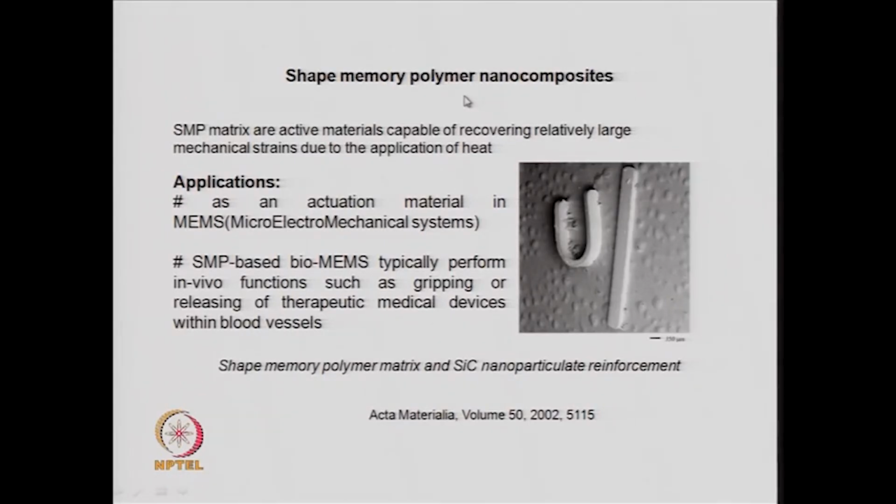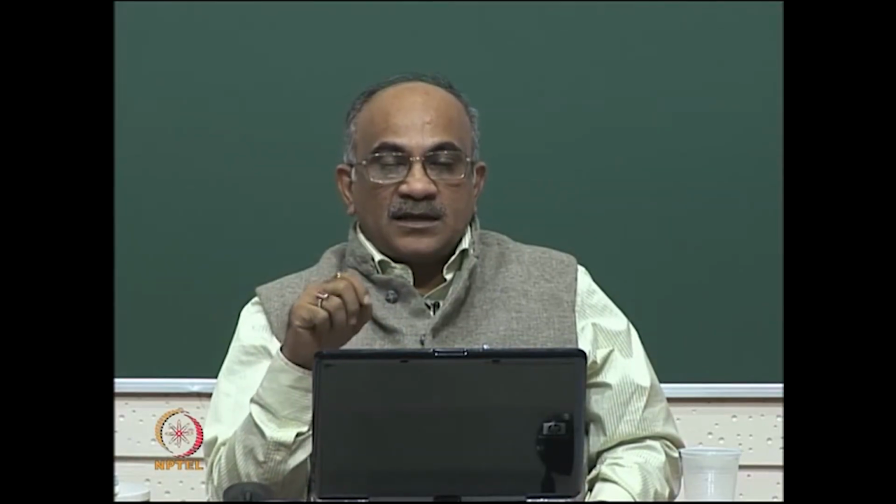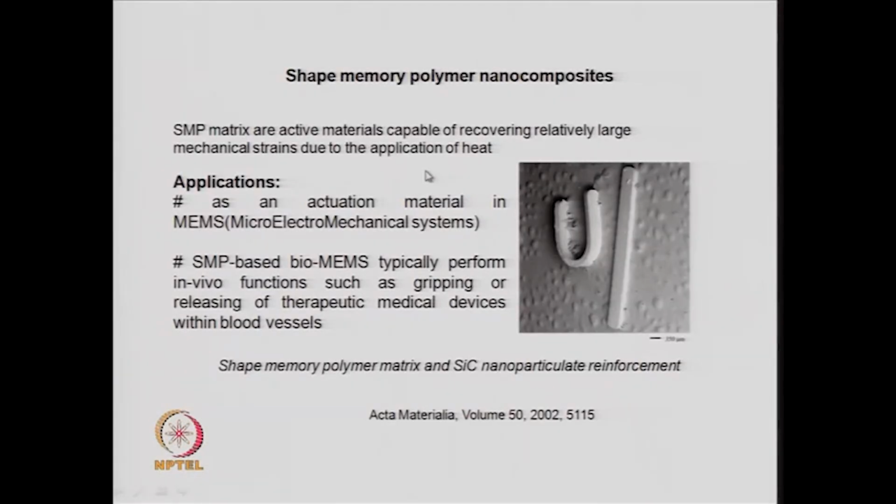It is a polymer nanocomposite, and hence it is called a shape memory polymer nanocomposite, because once you remove the external force or the external stimuli, in this case temperature, because you are applying heat, and due to that there is a development of a strain. You remove the heat and that strain goes back, and the structure changes to the original shape. Now, this can be used for MEMS devices, and what is MEMS?